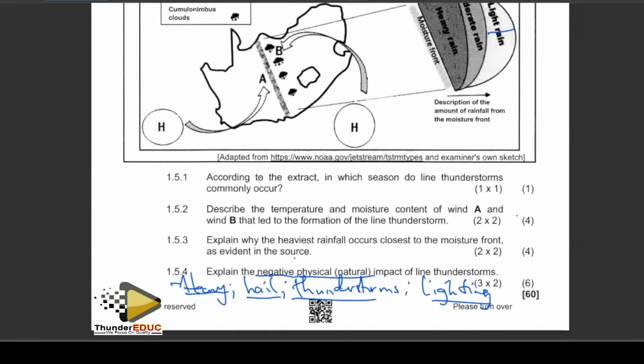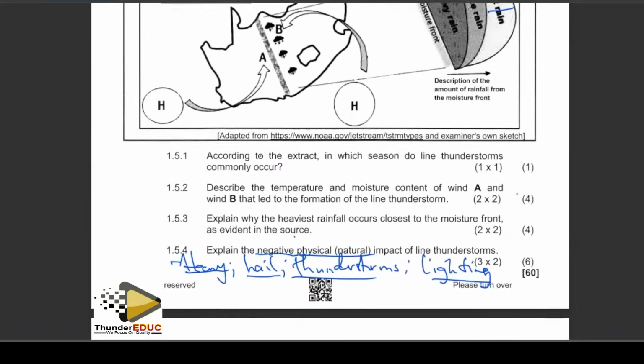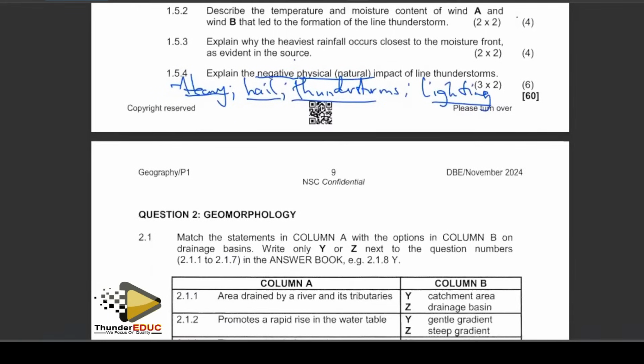For example, you can talk of heavy rainfall increasing the risk of flooding, which will damage the natural environment. You explain flooding. Heavy rainfall will lead to flooding that is going to harm the environment. Or you can talk of flooding affecting the natural ecosystem.